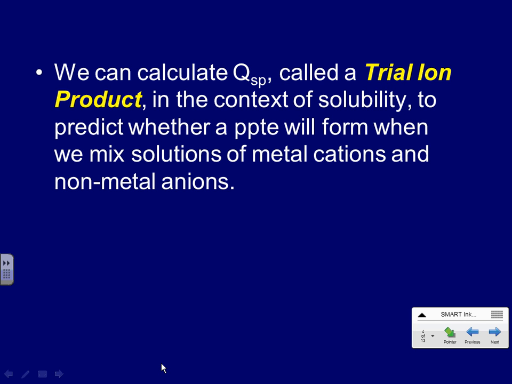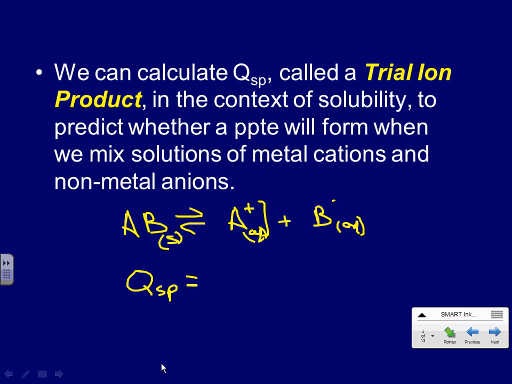Again, to just give us a little reference here, if I had something like AB solid, breaking down into A plus aqueous and B minus aqueous, then in this case, we're going to calculate the Qsp as being the concentration of A plus times the concentration of B minus, all right?